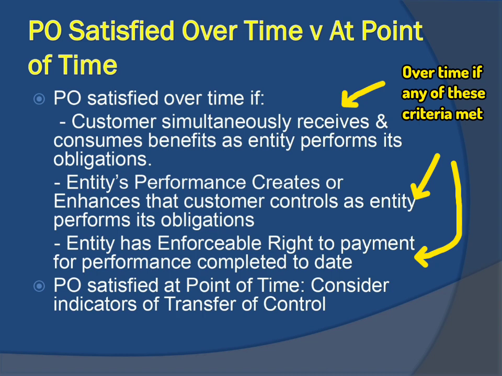For each performance obligation satisfied over time, revenue should be recognized by measuring progress towards complete satisfaction of the performance obligation. There are various methods that can be used to do this. The first, input methods, and second, output methods.